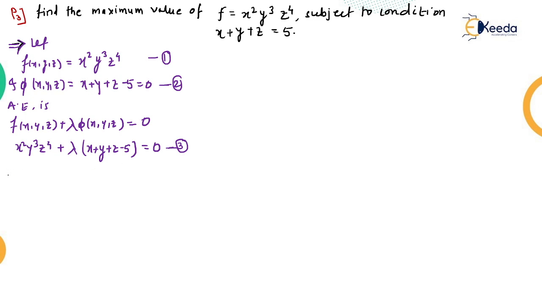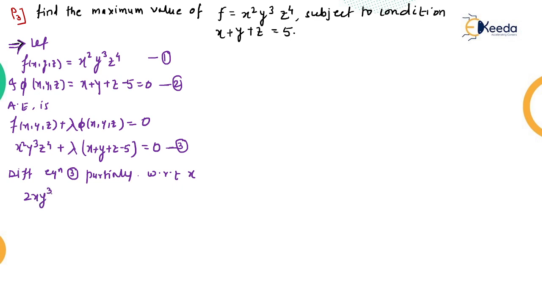So let me first differentiate equation 3 partially with respect to x. We get 2xy cube z raised to 4, because the derivative of x square becomes 2x.